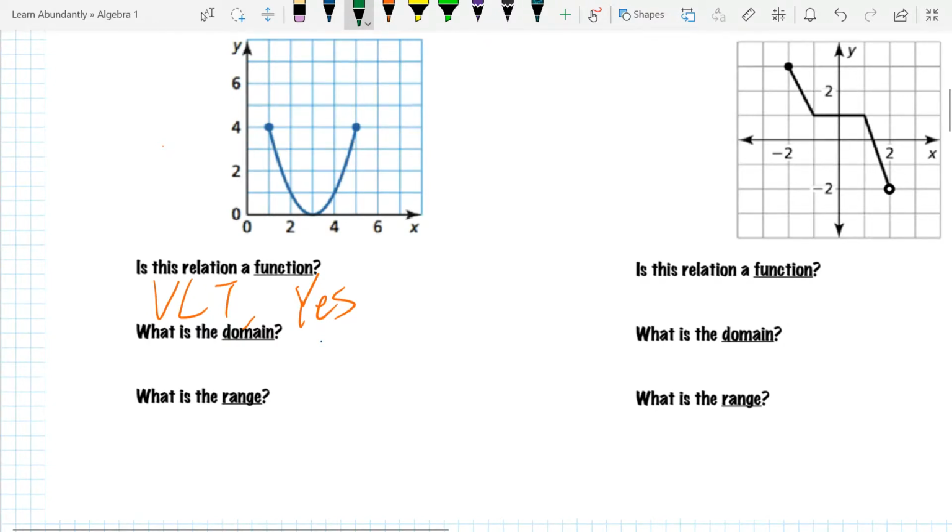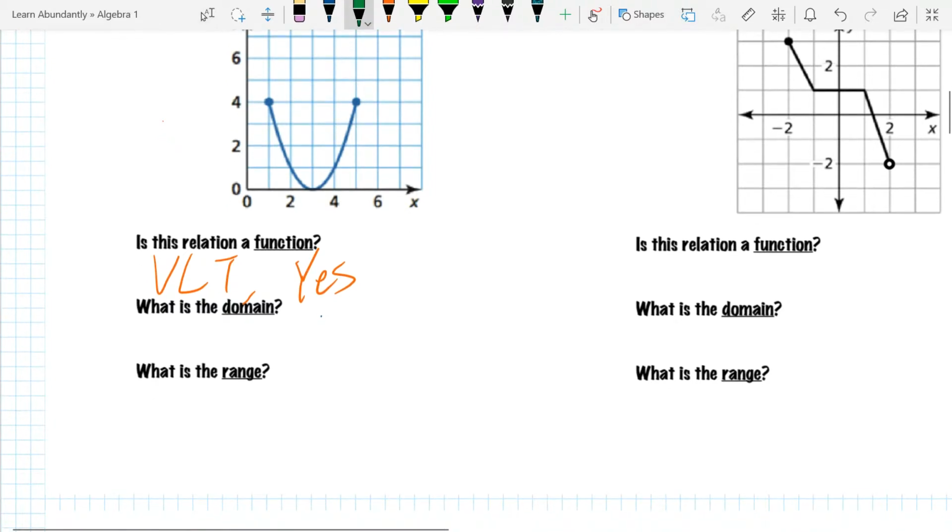So I'm going to look on the x-axis. What is the lowest point on the x-axis? And it looks like right here would be my lowest point. There are no x's left of that. And the farthest right is not at 6, it's actually at 5. So between 1 and 5, I have my domain.